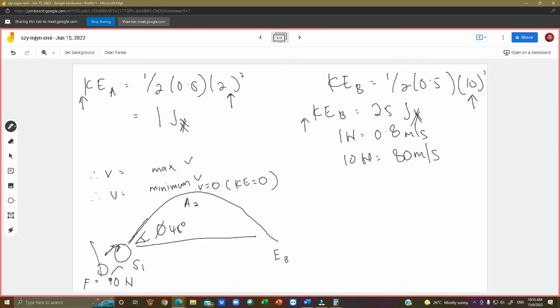First, kita kena tahu dulu 10 Newton ni berapa je tinggal. So, force equals to V sin theta.